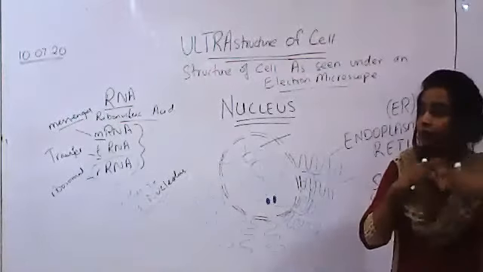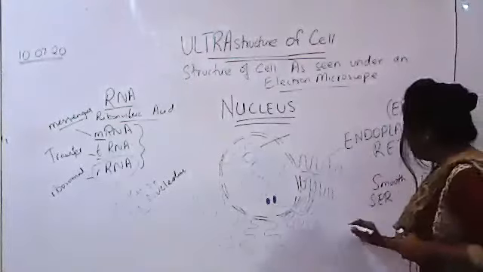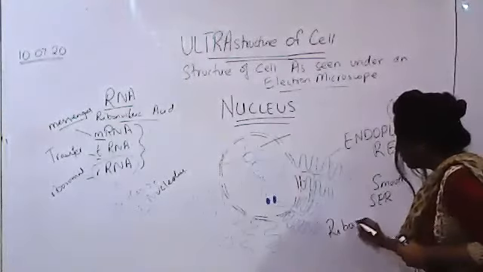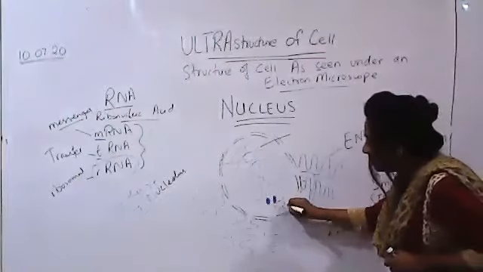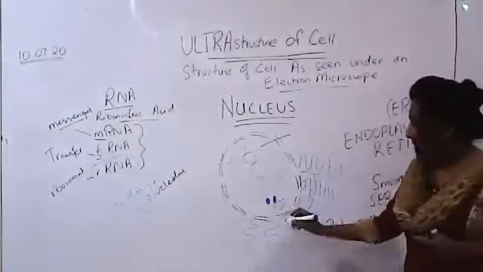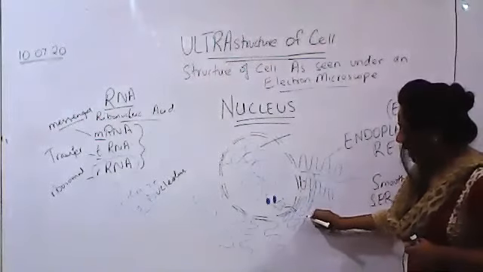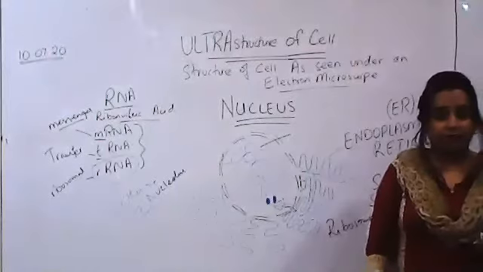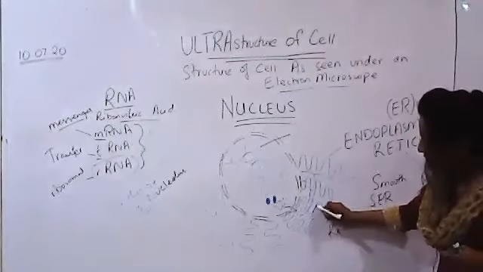That ribosomal RNA is folded and it forms an organelle called ribosomes. So tiny ribosomes are made here by the nucleolus. Then these ribosomes leave via the nuclear pores and they enter ER. Now, some of these ribosomes get attached to the surface of ER.